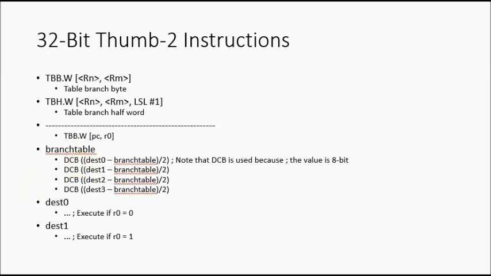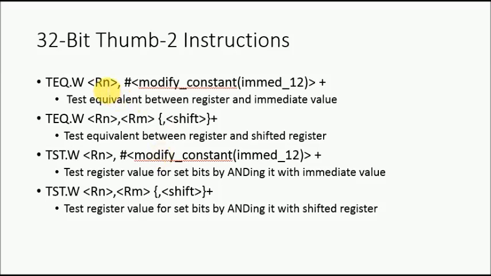The next instructions are test equivalent between the register and immediate value, and this instruction affects the flag register. So whether this is equal or not, we are going to test it. Remember that only flags are affected. So here also the flags are affected. This is also test equivalent between the register and shifted register.